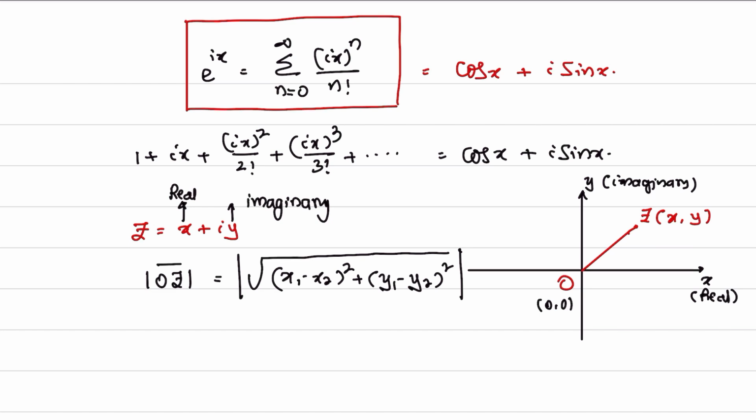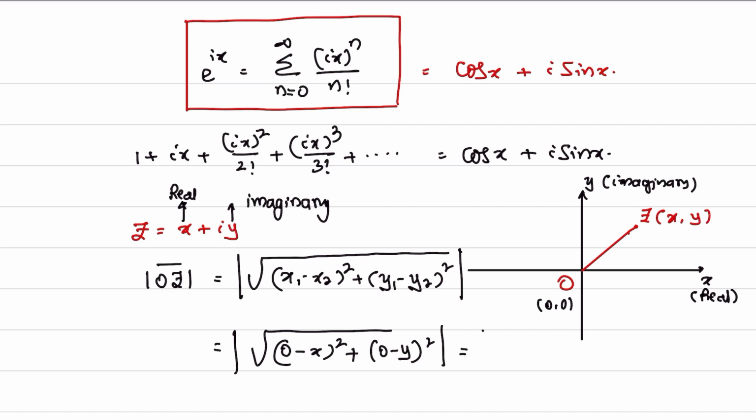The second point is (x, y), z. So OZ is equal to the square root of (0 minus x) whole square plus (0 minus y) whole square.